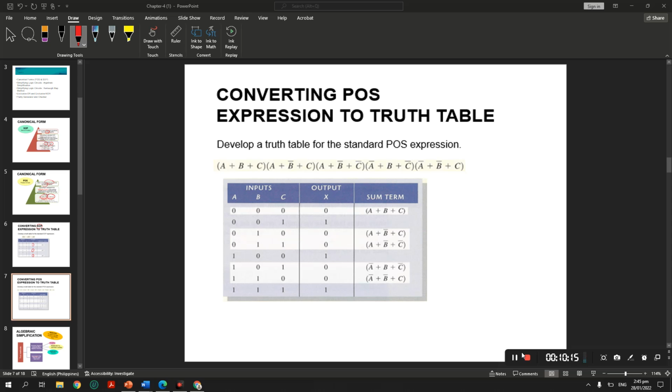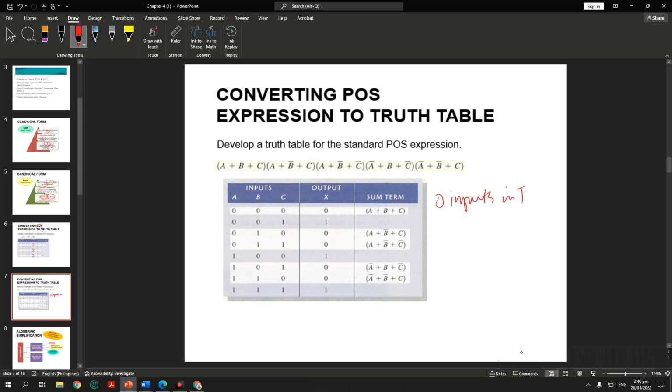So take note here that in the POS, those with zero inputs are written in true form, and those with one are written in complemented form.